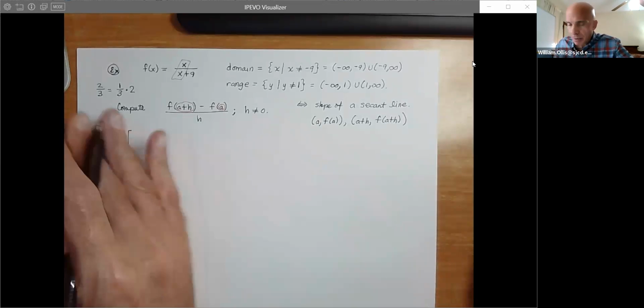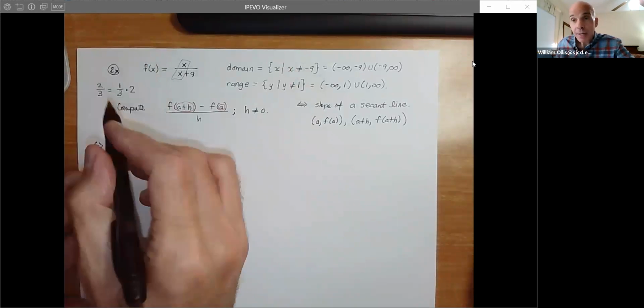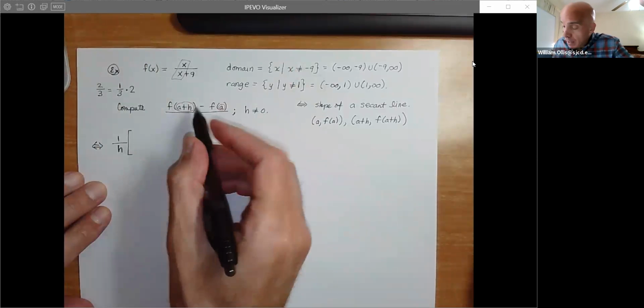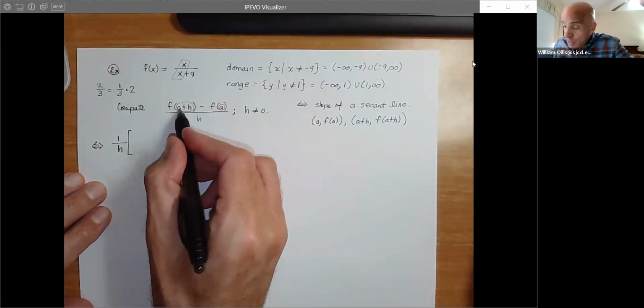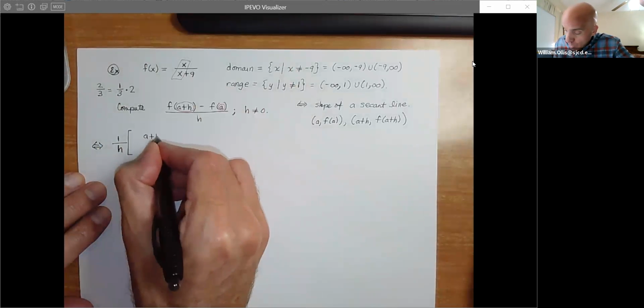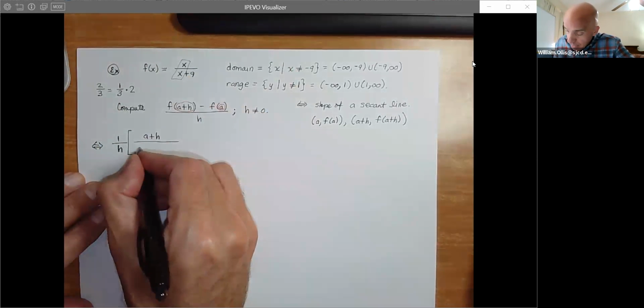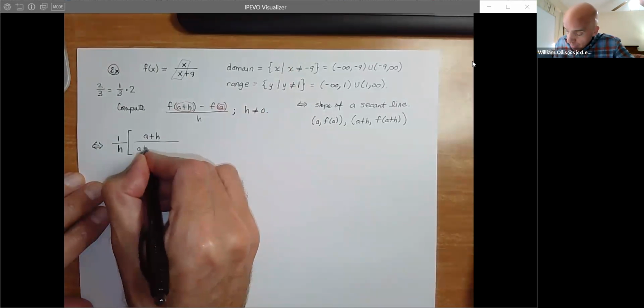This guy's just going to hang out here until we can use it. Right now, move that particular variable to the left to get it out of the way, but don't forget it. Now, replace x with a plus h. So go up here, a plus h. And now here, x replaced with a plus h, a plus h.